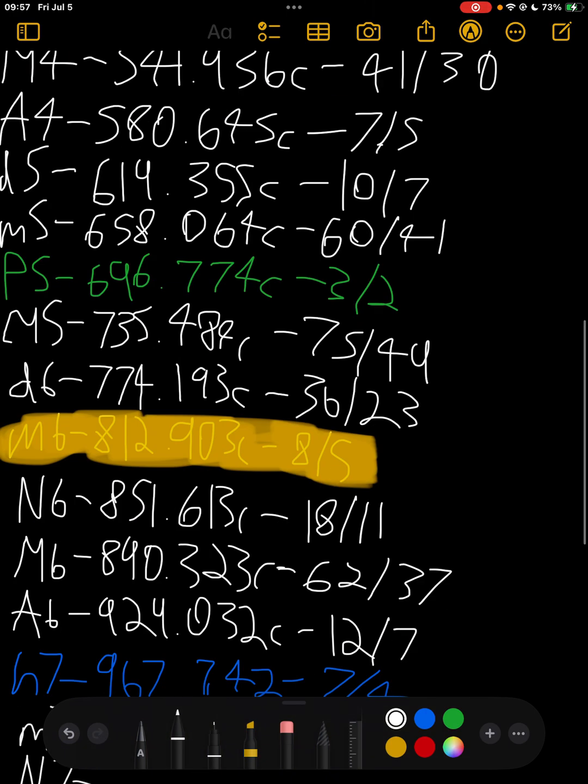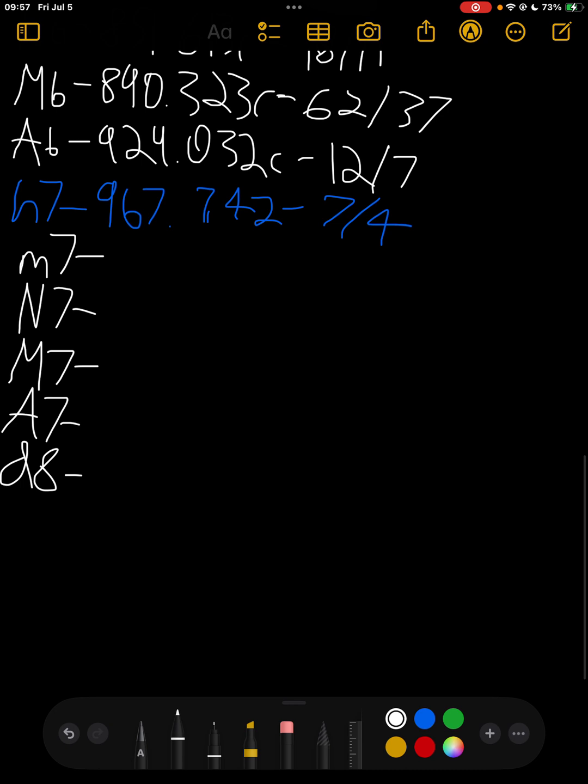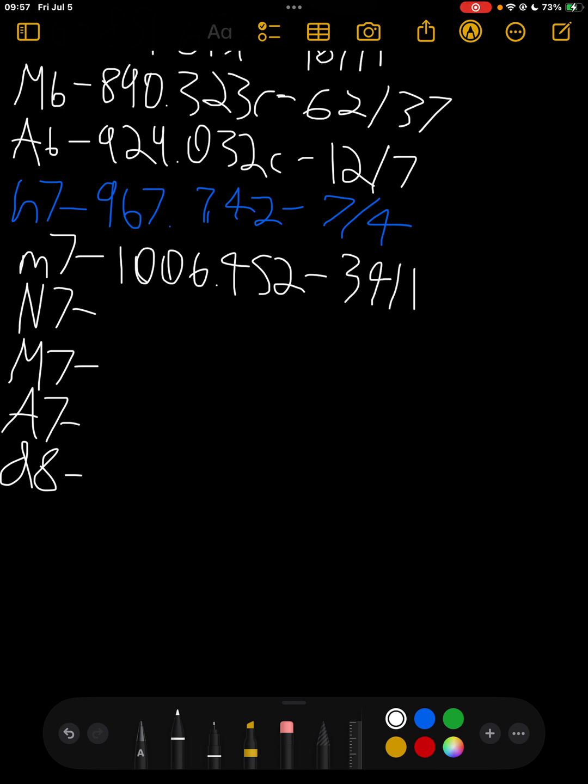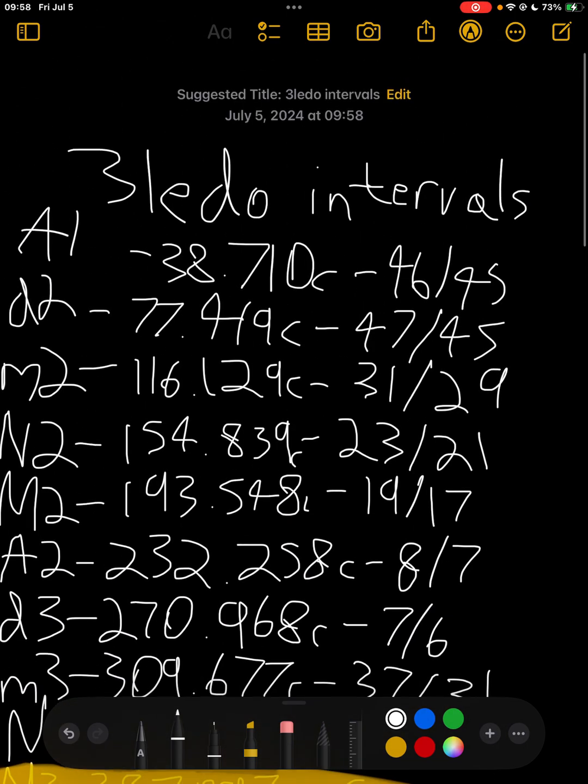1006.452, which is 34 to 19. 1006.452 is a minor seventh. And we said that was 34 to 19. Now I got all these down. I'm just going to remember the other four inverse ratios.